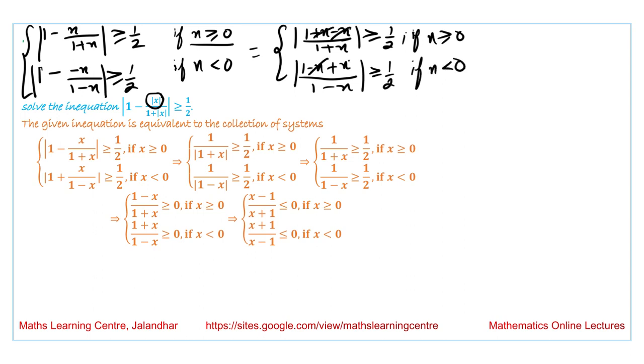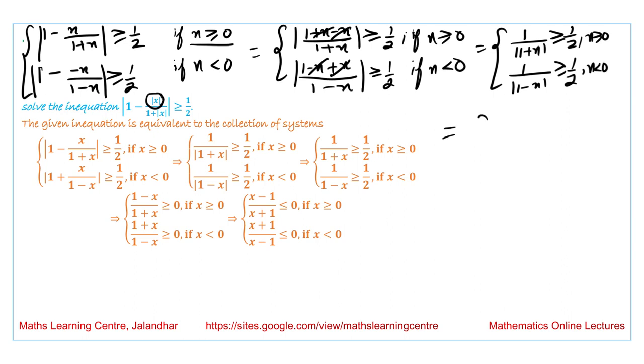So in both these cases this x gets cancelled, and we obtain the system in the form 1 / |1 + x| ≥ 1/2 if x is greater than or equal to 0, and 1 / |1 - x| ≥ 1/2 when x is less than 0. Clearly, |1 + x| will be a positive quantity, so we can cross multiply.